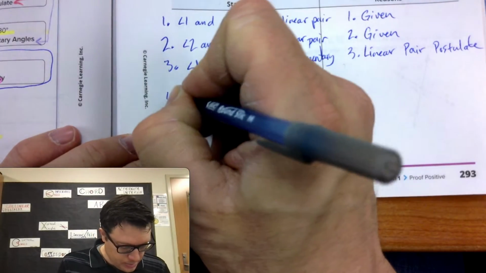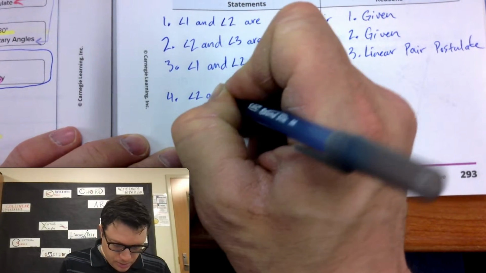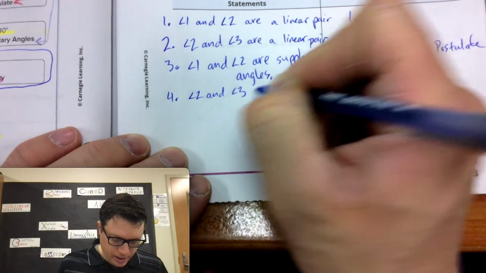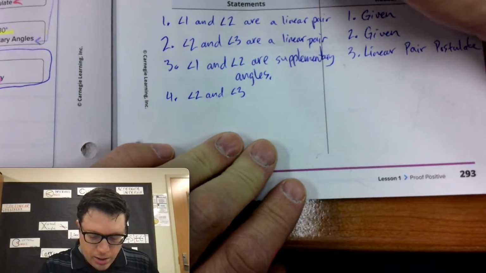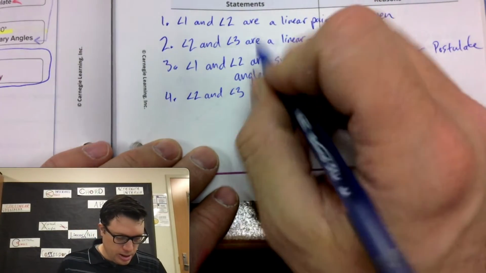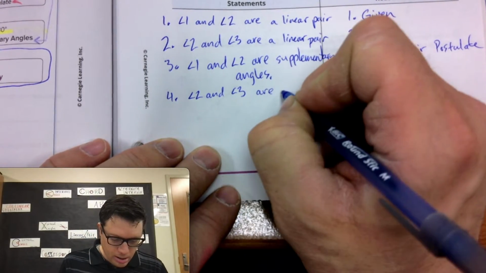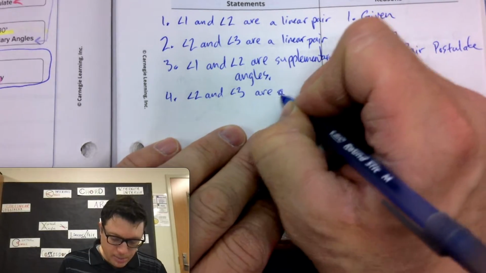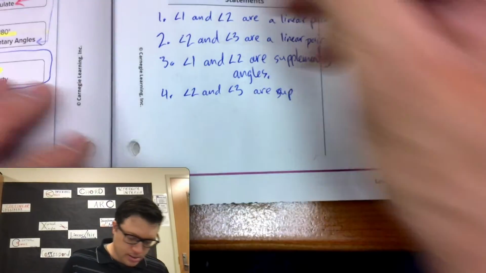Step 4, angle 2 and angle 3. Oh, it says that for the other proof statement. Okay, I just caught that. I'm going to leave it. Who cares? Angle 2 and angle 3 are supplementary. Right, there it is again.